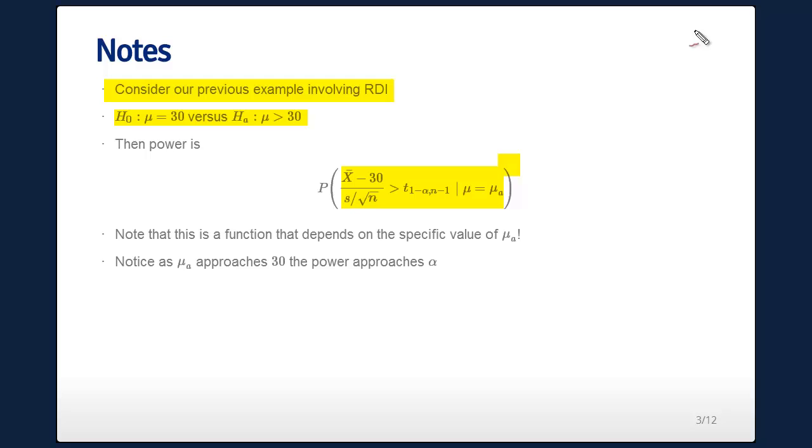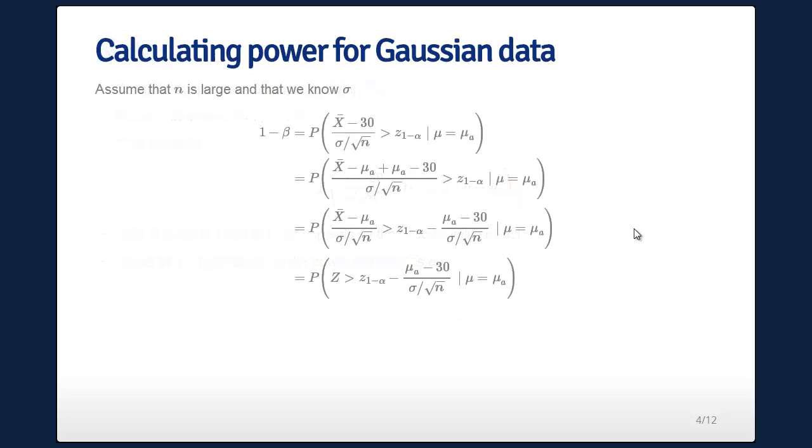You actually have to know a value of mu a. And as mu a approaches 30, the power is going to approach alpha. That's the probability calculation. Let's go through the math, and then we'll talk about it more heuristically after that.